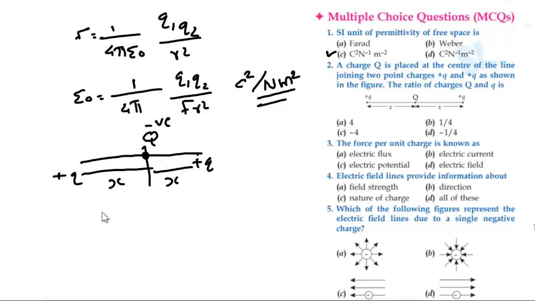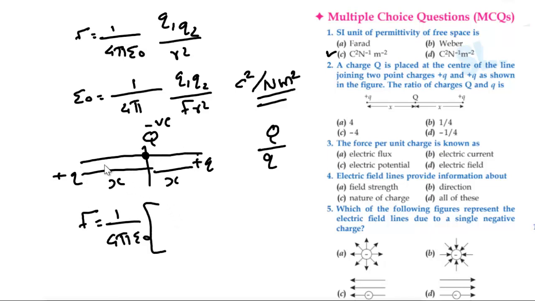To reach equilibrium, we need to find the ratio of charges, capital Q divided by small q. At equilibrium, the total force acting on one of the charges q can be represented as F equals 1 by 4 pi epsilon 0, which is common for both forces. Force will be acting from Q to this q and from the other plus q to this q also.